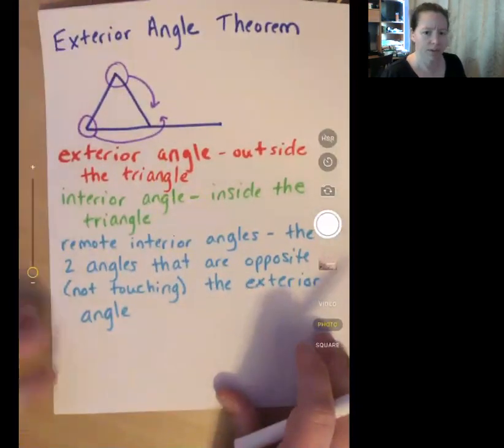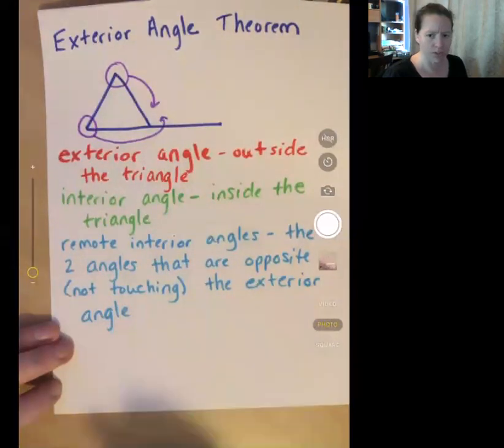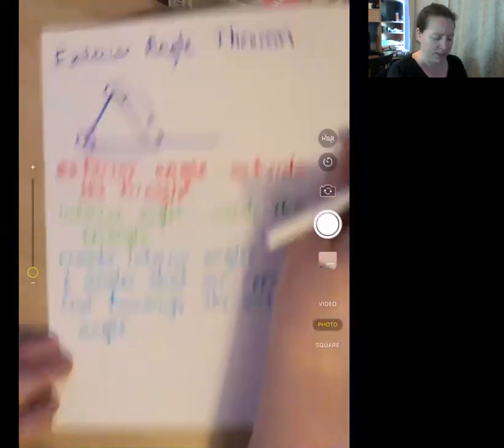No, actually, you know what? I'll write it at the top and then we'll do the example at the bottom. How about that?